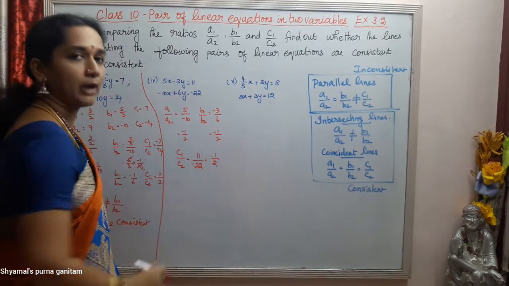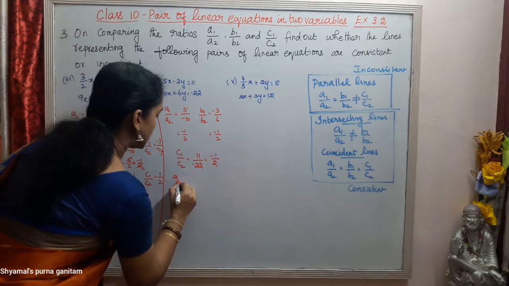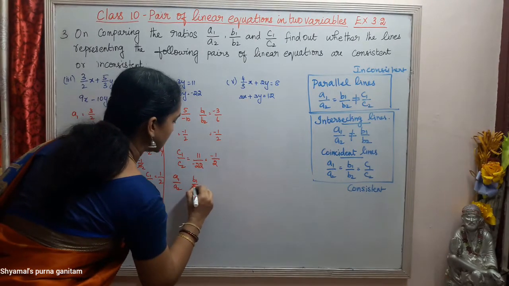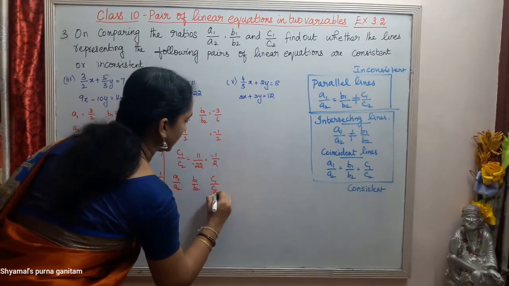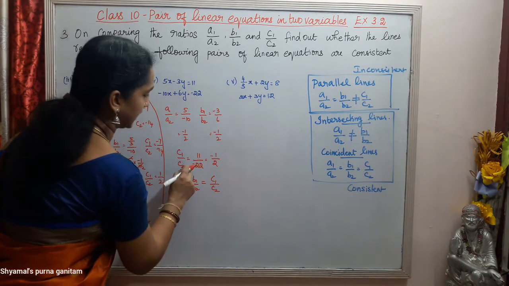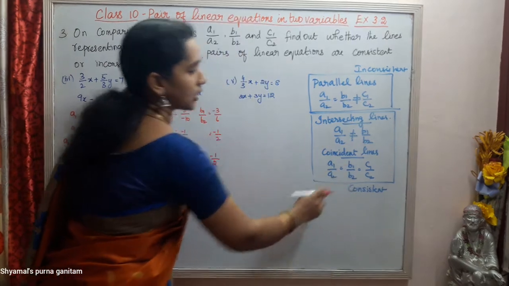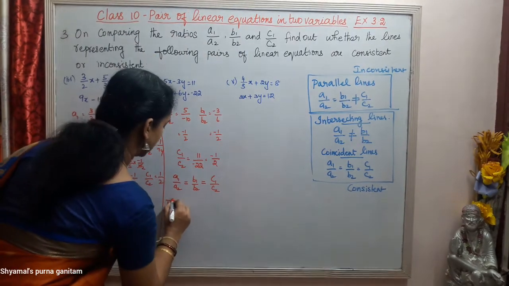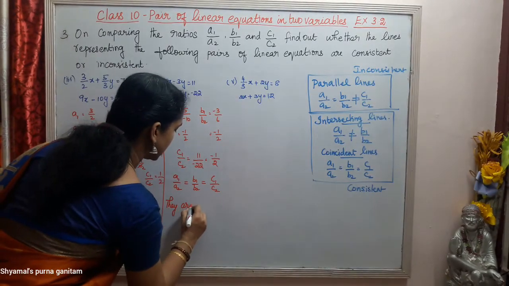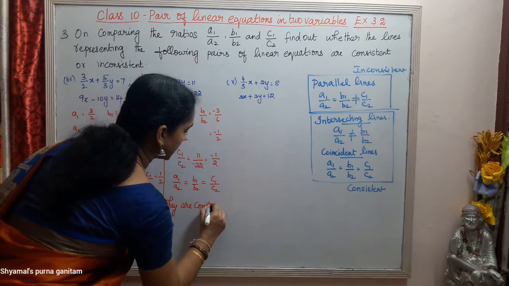So A1 by A2, B1 by B2 and C1 by C2 are all equal: minus 1 by 2, minus 1 by 2, minus 1 by 2. Since all are equal, they form a consistent pair.